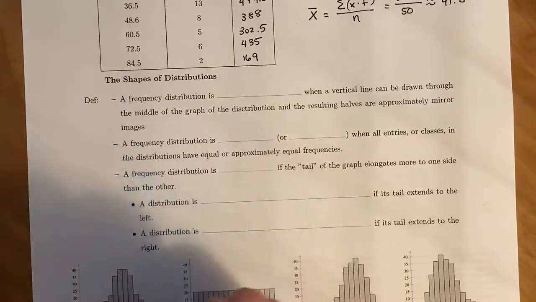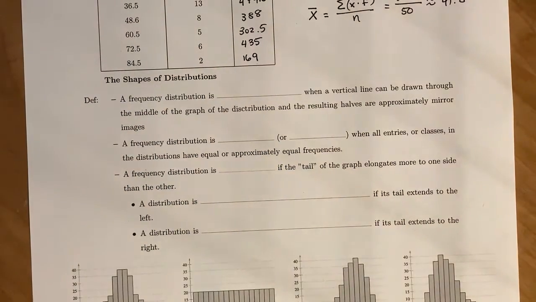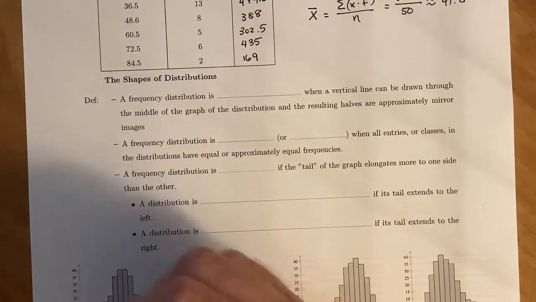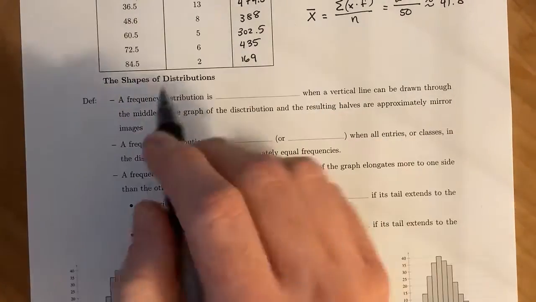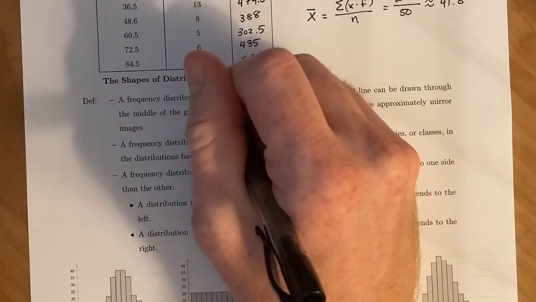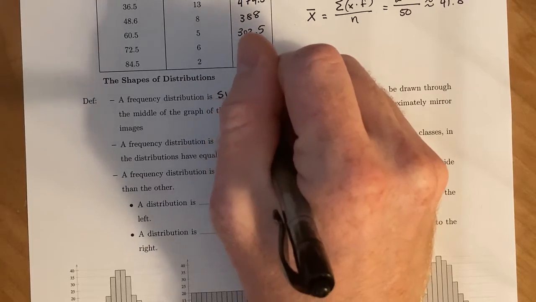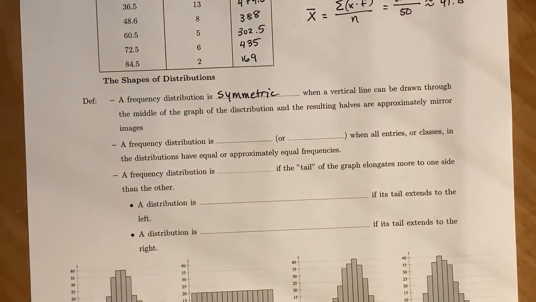Next, once we have our frequency distributions and we create our histograms, we can talk about the shape of the frequency distribution. There are 4 main ones that we look at. A frequency distribution is called symmetric when a vertical line can be drawn through the middle of the graph of the distribution and the resulting halves are approximately mirror images.